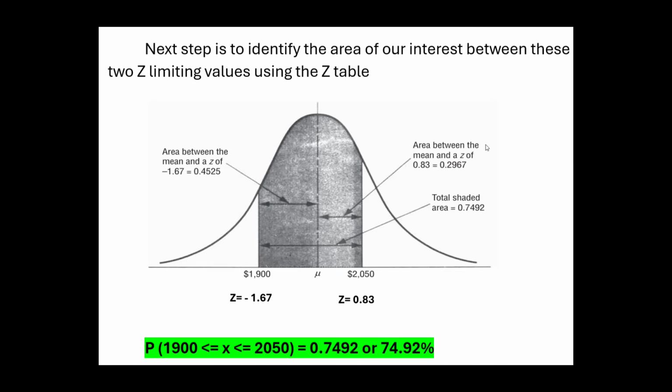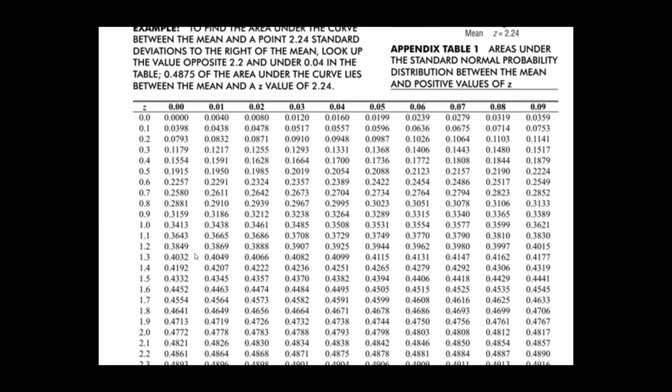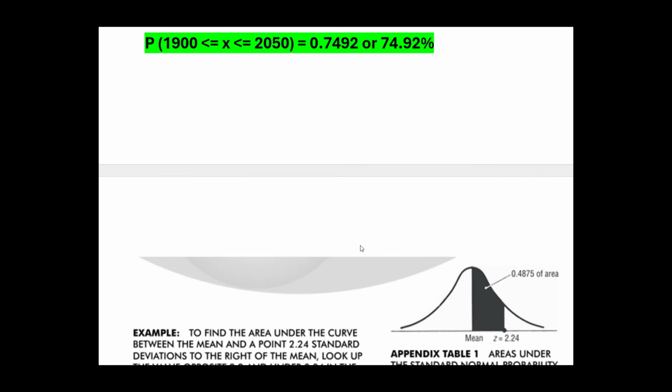0.2967, right? So here 0.2967 is there. For minus 1.67, we do not have minus values, we have only positive values in the table, but we know that the minus 1.67 area will correspond to the plus 1.67 area. So we will look for 1.67, 1.6 and 7, so 0.4525.